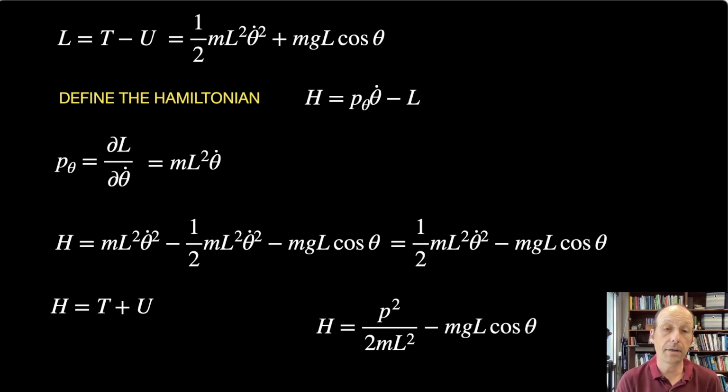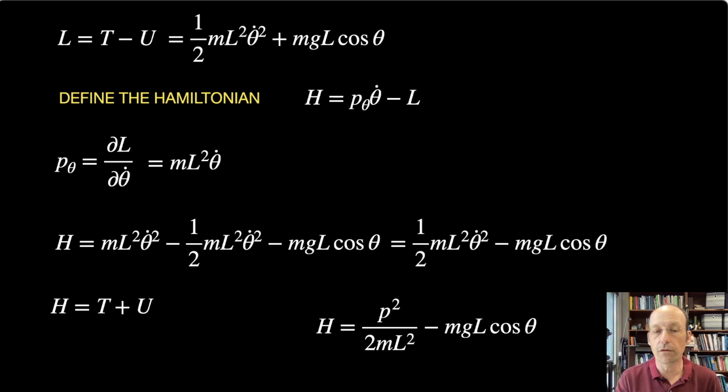So that gives me this Hamiltonian, which I want to get in terms of momentum, p, it's really p theta, and theta. So instead of writing 1/2 m l squared theta dot squared, I'm going to use m l squared theta dot. If I square that, I get m squared l to the 4th theta dot squared. But then I need to divide by 2 m l squared to get back to p squared.